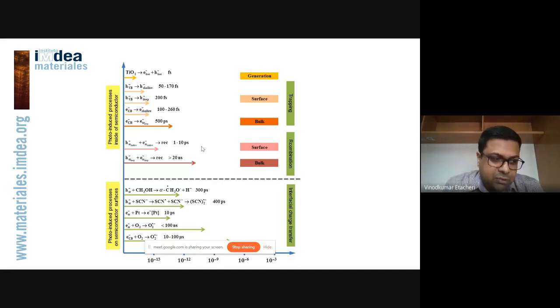But we usually do fluorescence spectroscopy because we are interested mainly in recombination. When there is a recombination, there will be fluorescence. By measuring the fluorescence, we can measure the recombination performance of the material. If the catalyst is very active, usually it is less fluorescent.